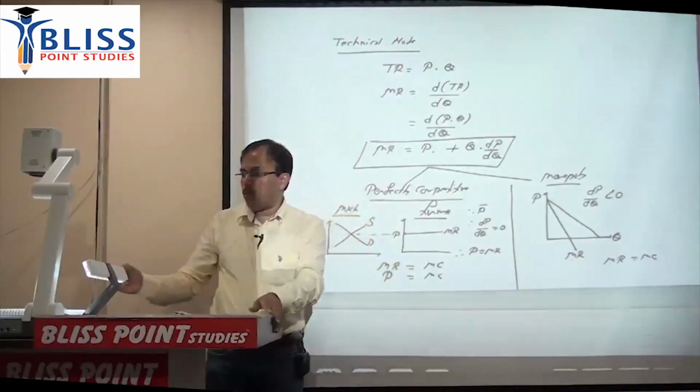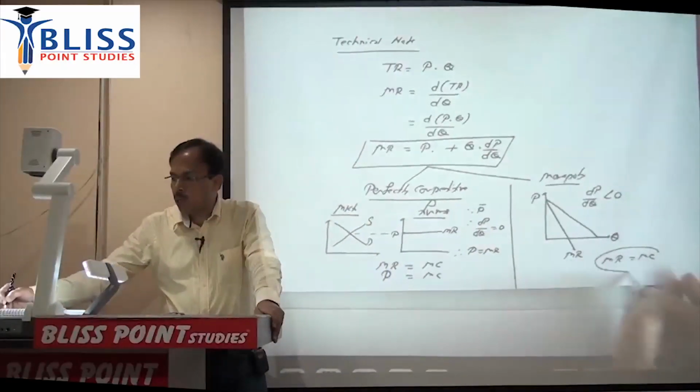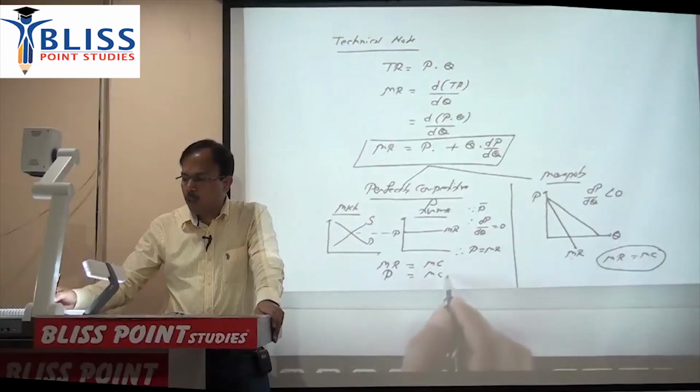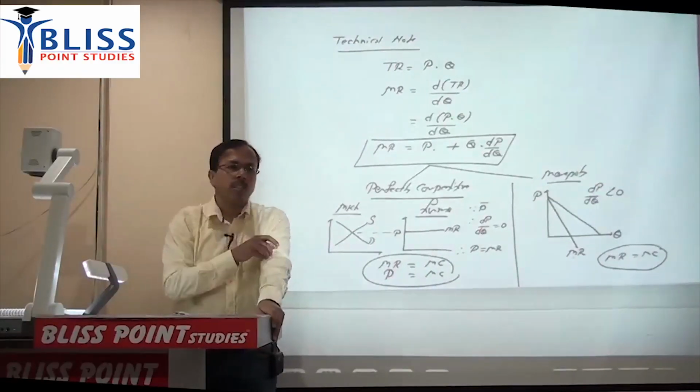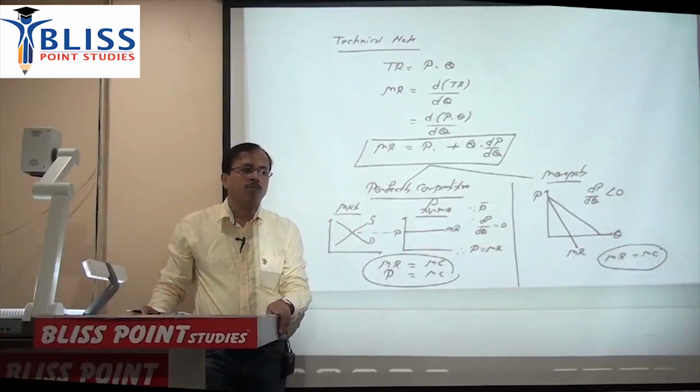In monopoly you have to be careful, you have to equate MR to MC, but under perfect competition you may write MR equal to MC or you may write P equal to MC.